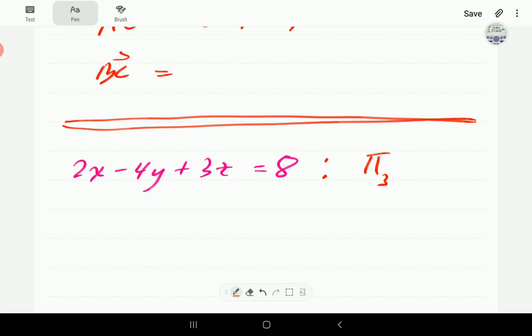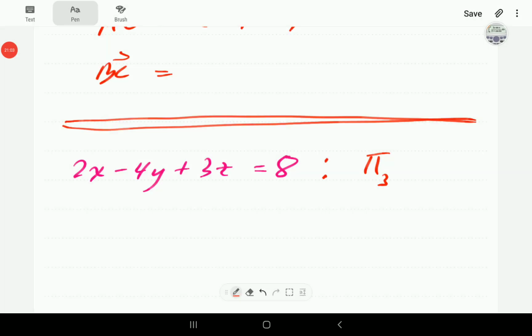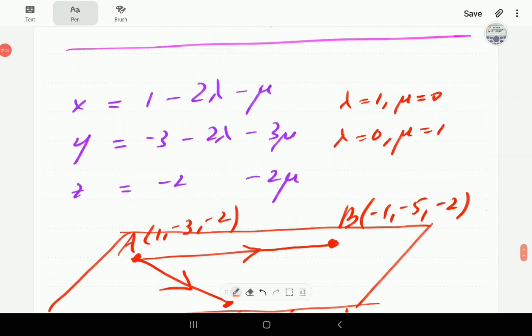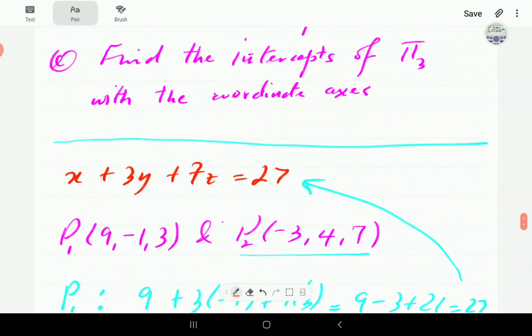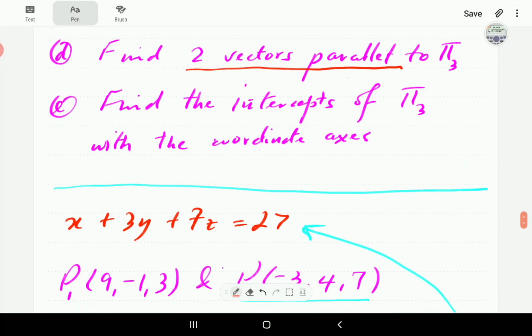I think maybe we'll do this in the next video, because this is already 20 minutes. We don't want the videos to be too long. We will break this into 2 questions. We will first do the intercepts of pi 3 with the coordinate axes, part 1.